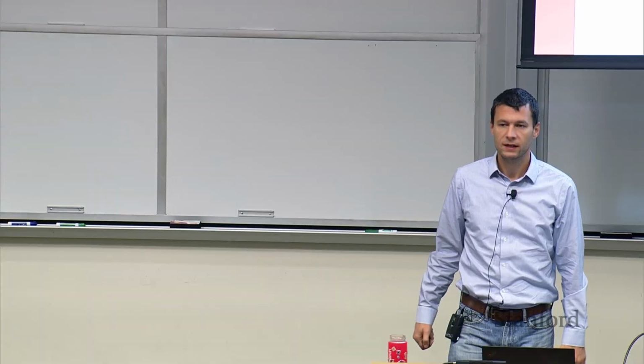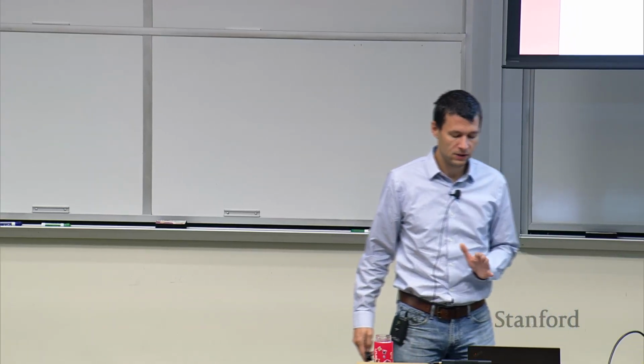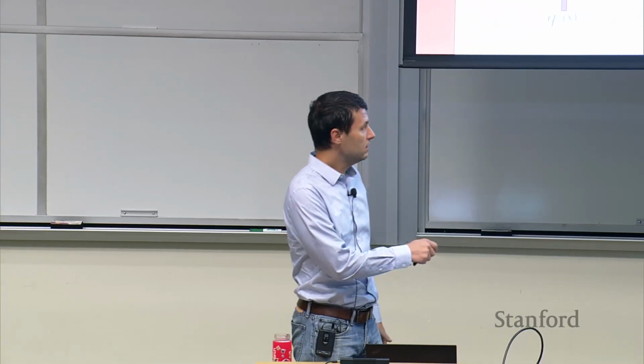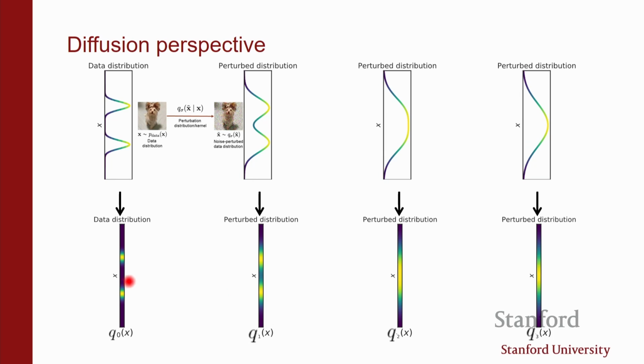In theory, maybe we'll come back to this in a few slides, but to some extent, you need several things. You need to be able to smooth out, destroy the structure, so that you end up with a distribution at the end that is easy to sample from. Because what we're going to do at inference time is try to invert this process, and go from noise to data. So first you have to define a process that destroys structure and goes from data to noise.